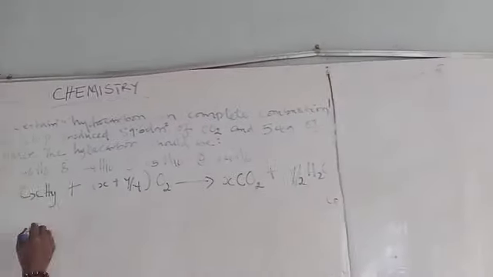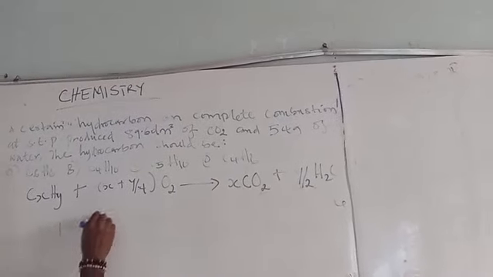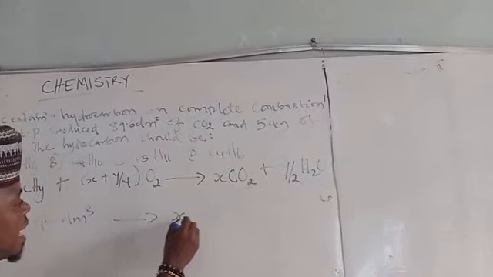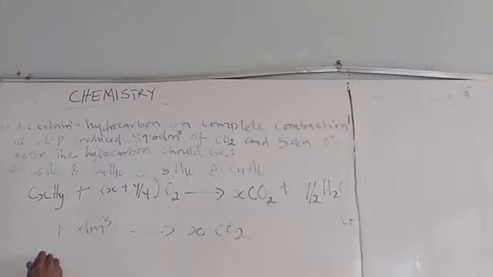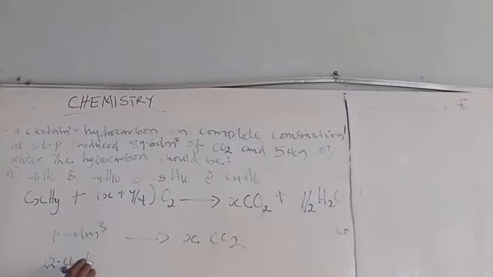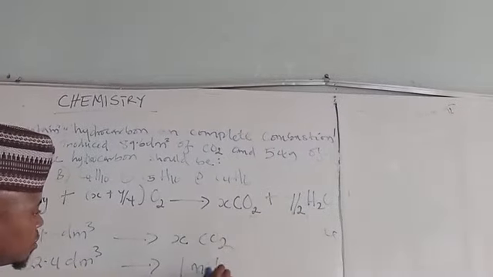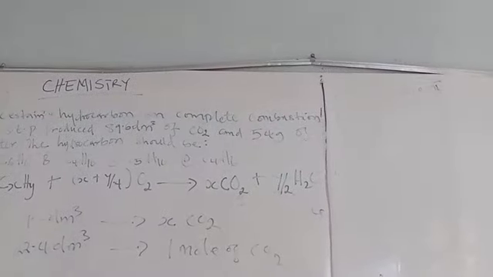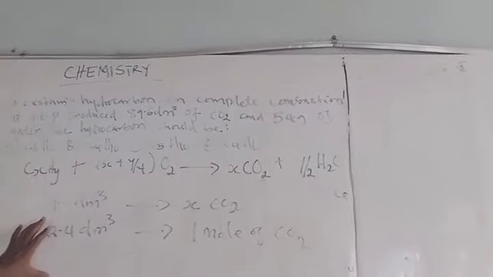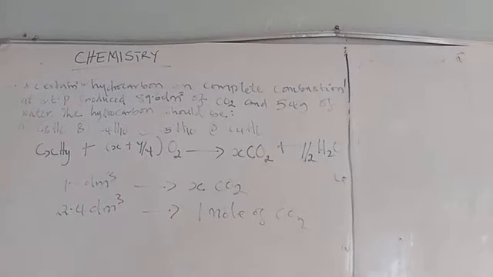So it means that 89.6 dm³ produce x mole of CO2. That means 22.4 dm³ will produce 1 mole of CO2, because at STP, 1 mole of every gas occupies 22.4 dm³.